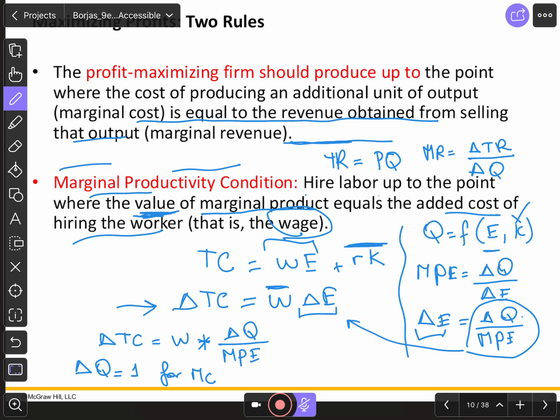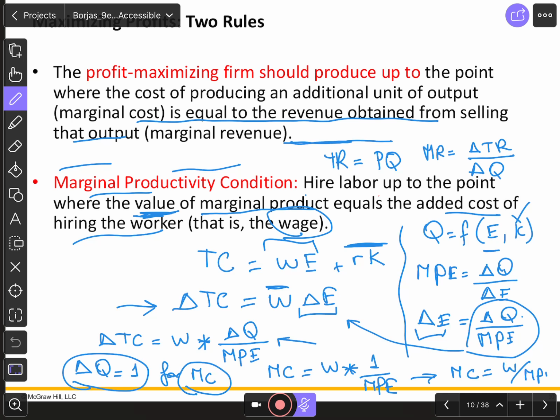Anytime I'm talking about marginal cost or additional cost, then I'm talking about just 1 unit. So I can go ahead and rewrite this equation for the marginal cost. The marginal cost is equal to W times 1 unit over the marginal productivity of workers. I can always write it as, in the next slide, MC is equal to W over MPE.